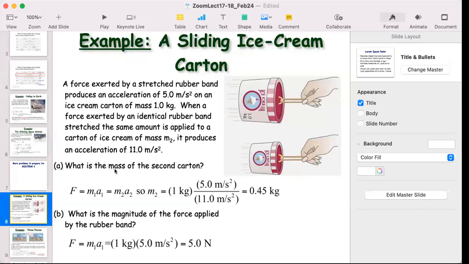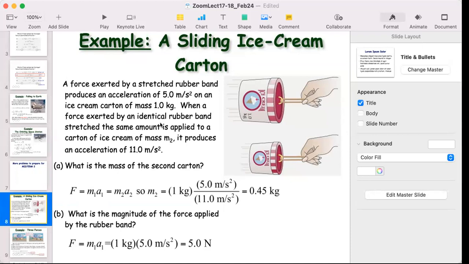So here, in reality, you can find this simply by applying the first two laws, so that you have the first law, actually, F is equal to M1 A1, right? This is the force.